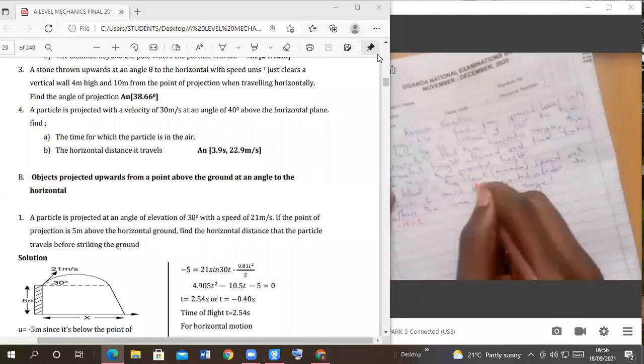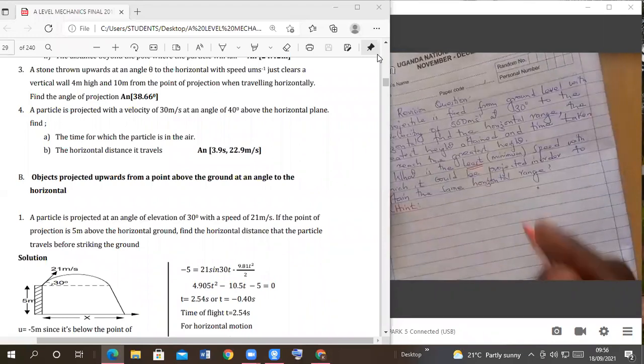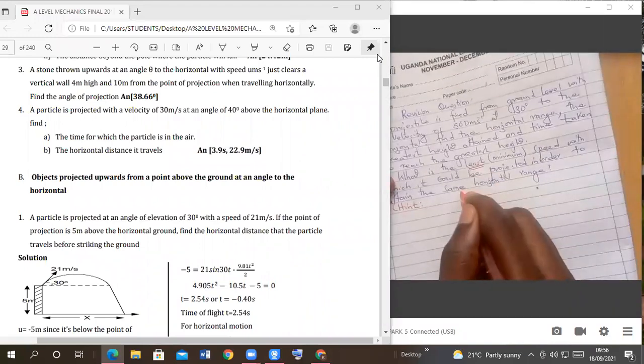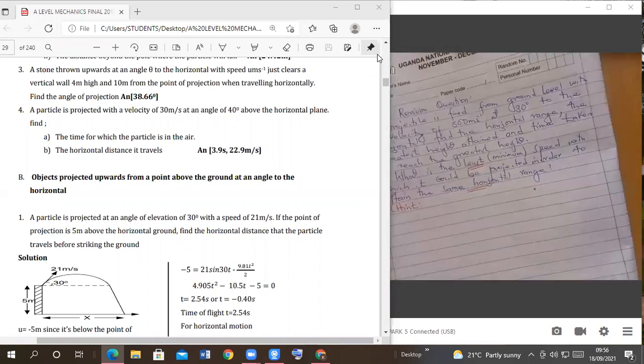Because I say what is the least? The key word here is the least. That smallest or minimum velocity must give us the same range. Which means range must be maximum.